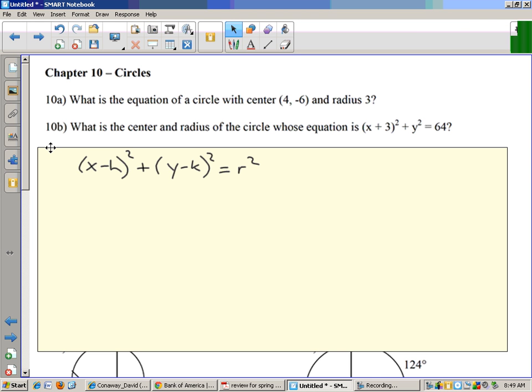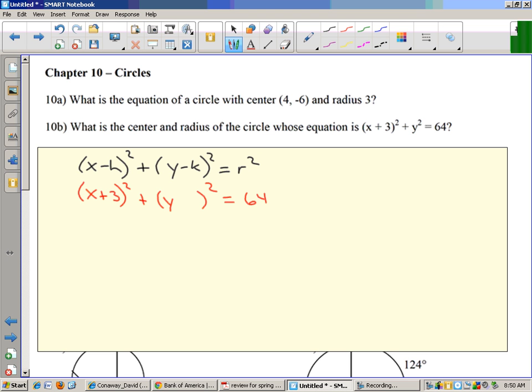Now, if you're worried about memorizing that, remember we always have formula sheets, and a lot of these formulas are on those. So in this case, we've got (x minus h) squared, and that is actually going to be written as (x plus 3) squared in the problem we have. And (y minus k) squared, I'm just going to put a parentheses, it's just a y squared at this point. And then r squared is 64.